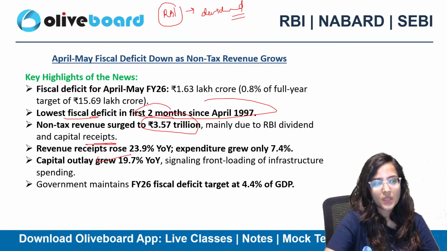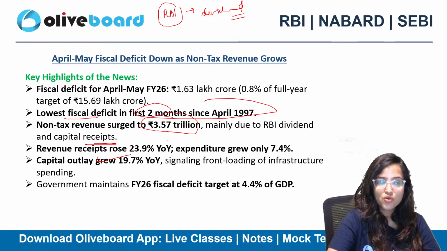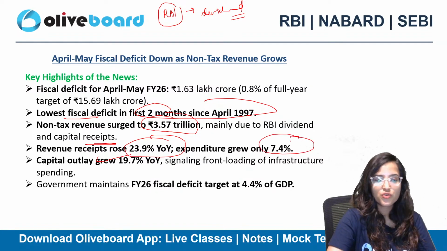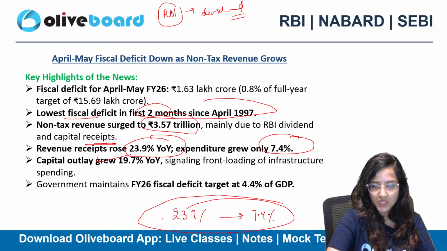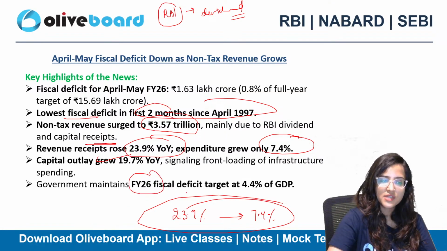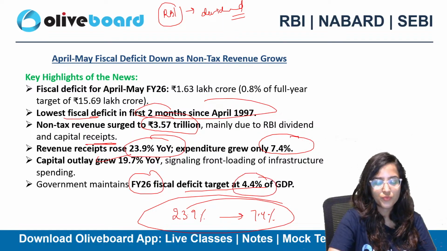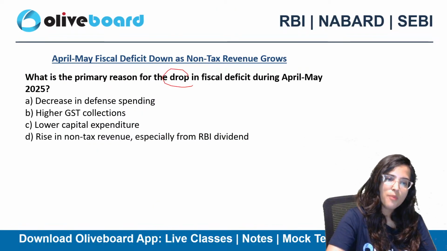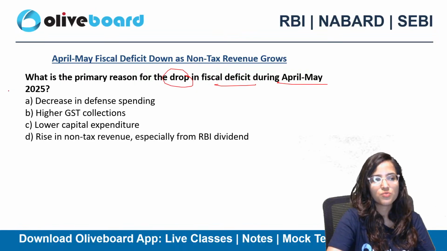Revenue receipts rose 23.9% year on year. Expenditure grew only 7.4%. So you can see this difference between 23.9% and 7.4%. Government maintains financial year 26 fiscal deficit target at 4.4% of GDP. So what is the primary reason for the drop in fiscal deficit during April to May 2025?